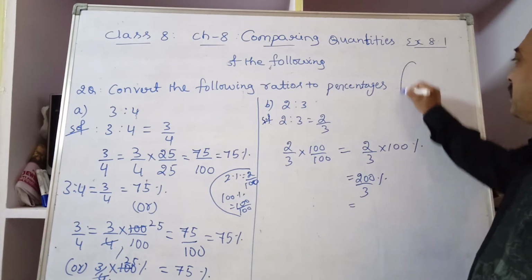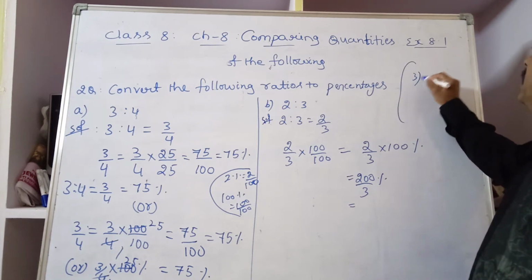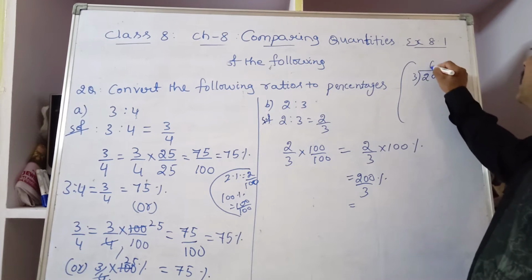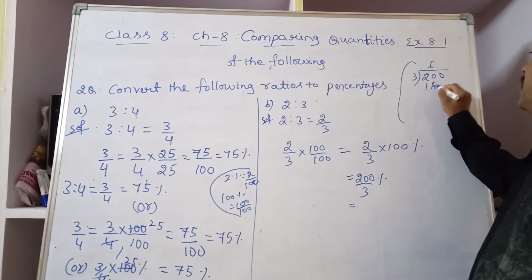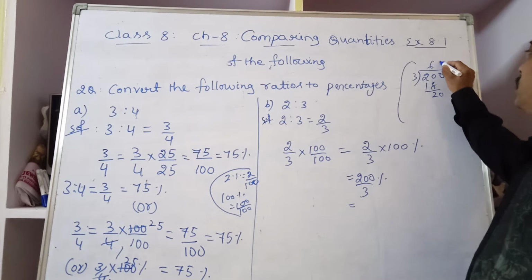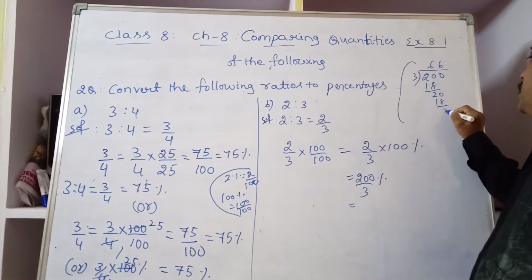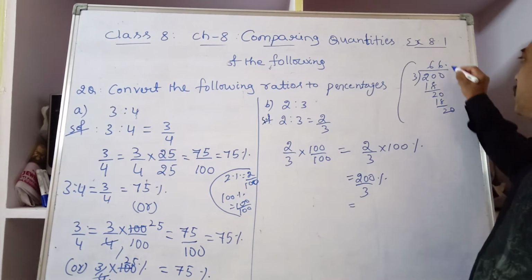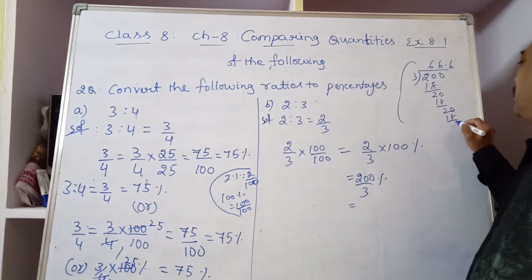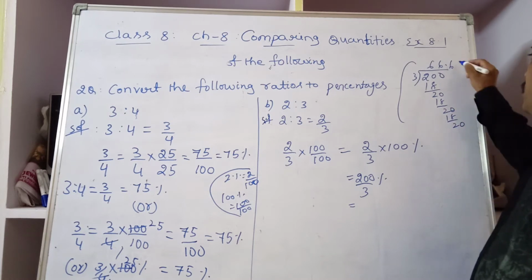Here I am doing: 3 sixes are 18, 2 0, 3 sixes are 18, 2, put a point, 0, 3 sixes are 18, point, 0, 3 6.